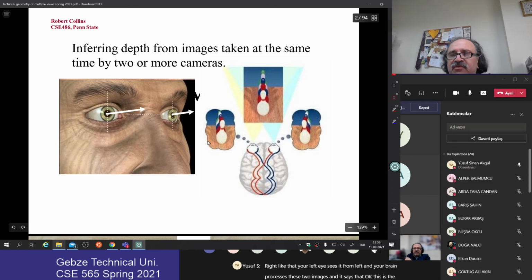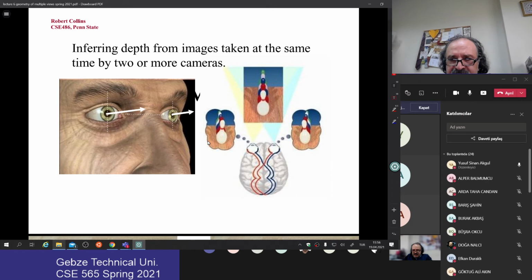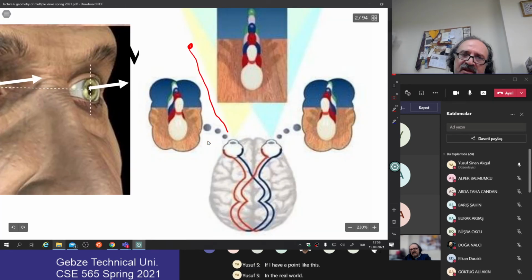Okay, and one nice thing here is this. Look at this picture. If I have a point like this in the real world, the projection of this point will be here on that eye, and the projection of that point here will be on that eye.